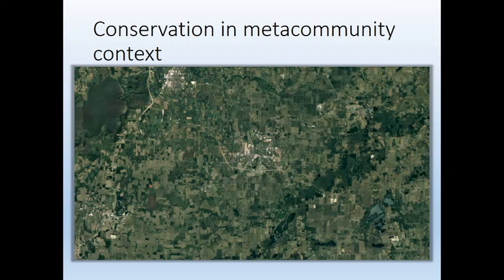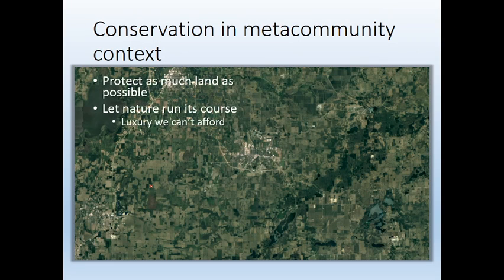So a lot of people are asking, how can meta-community then help us conserve things? How can it help us make decisions about how to conserve land area? And I think, from the most simple aspect of conservation, you should think, well, we should protect as much land as possible.